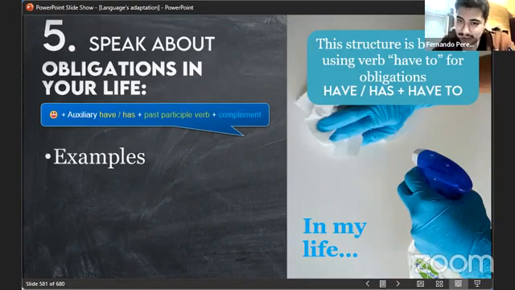This structure is obligations in your life. In my life, I have had to wash bathrooms.